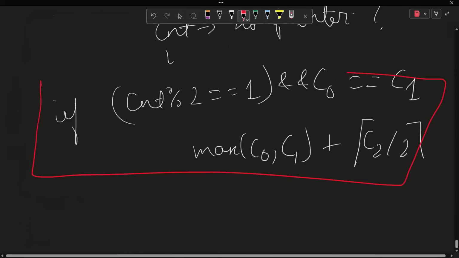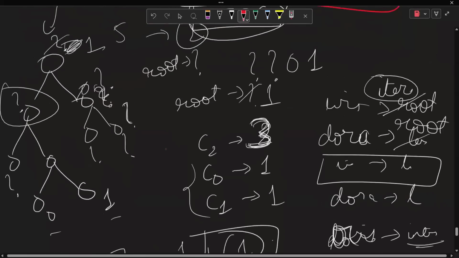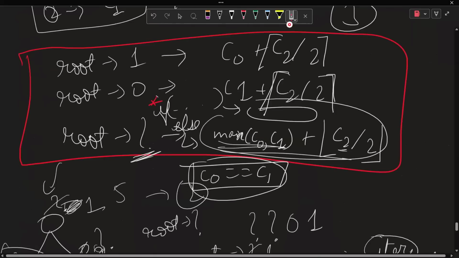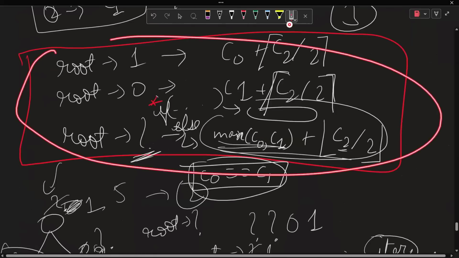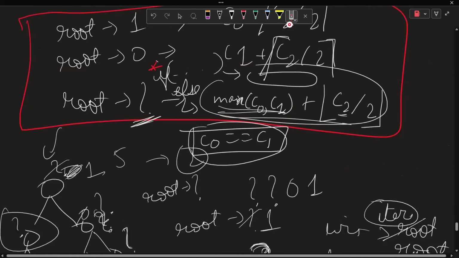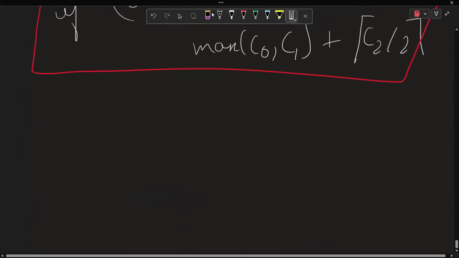For my final answer, I can write this if-else, but for this I would need C0, C2, C1, and this CNT. These four things we need. So first we would have to compute this C0, C1, C2, CNT.